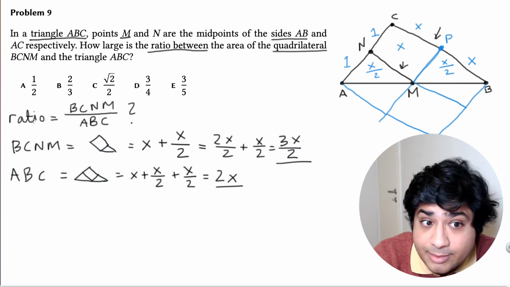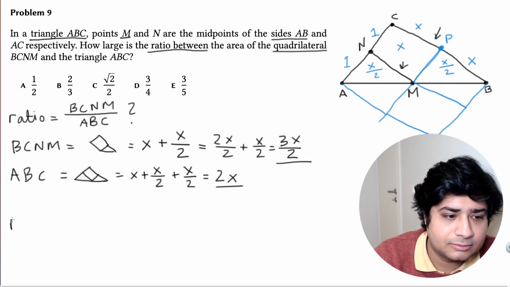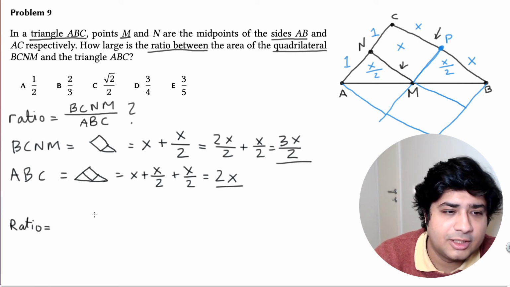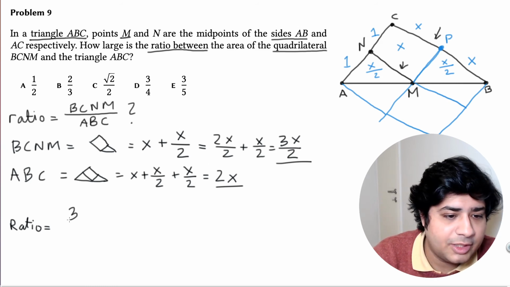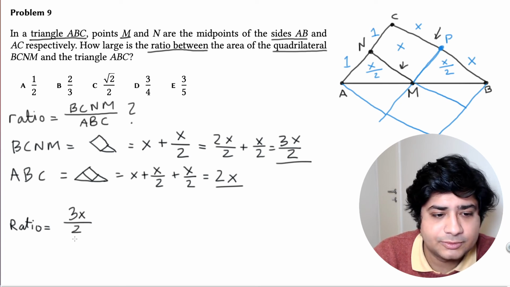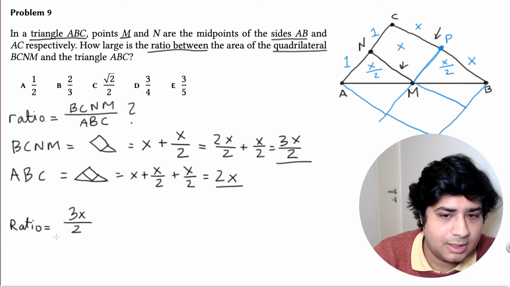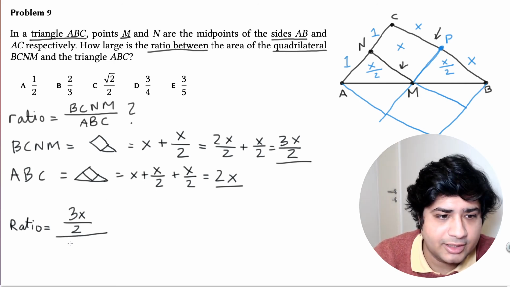Now the ratio, coming back to that one here, would be this first thing, B, C, and M, which is 3x divided by 2. And then all of that divided by 2x. Well, what's that going to be?